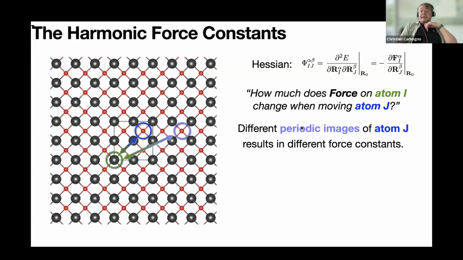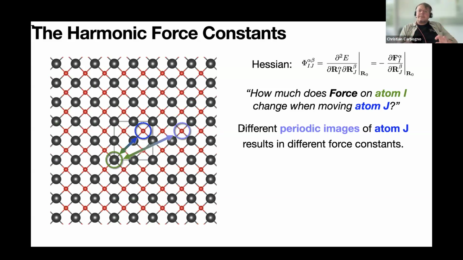However, the second index, this atom J, the one that we're actually moving, is not translationally invariant. And this you can also understand relatively simply. Obviously, if I move this atom, it will have a different force acting here than if I move this atom, or if I move the atom over here.